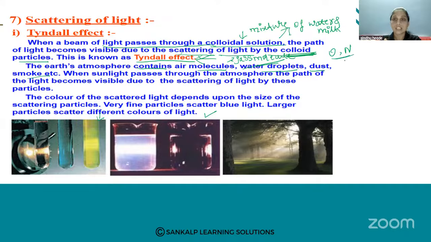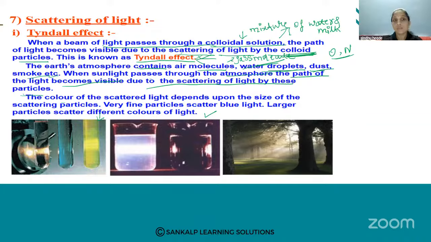These oxygen and nitrogen gas molecules generally contain a large number of small particles, and water droplets, dust and smoke etc. all contain a large number of big particles. So the scattering is also large, they say. When sunlight passes through the atmosphere, the path of the light becomes visible due to the scattering of light by these particles.